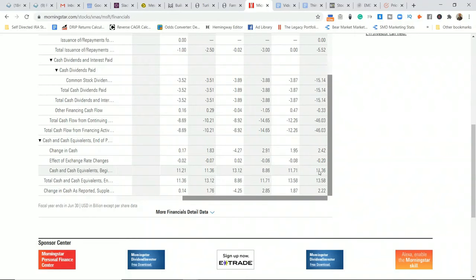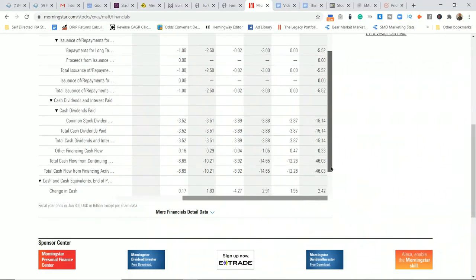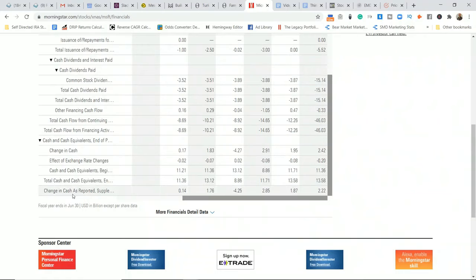I don't know why they just don't say free cash flow here. But that is what the free cash flow number is. Again, change in cash as reported, supplemental. So this is what that means, the supplemental.